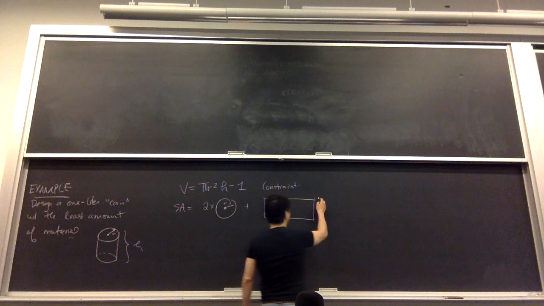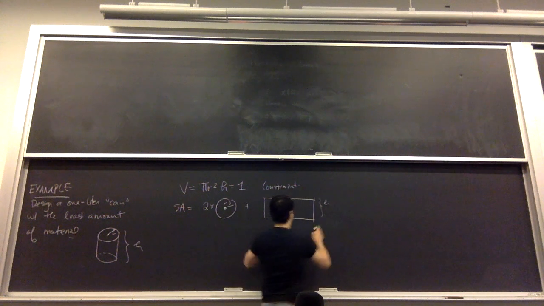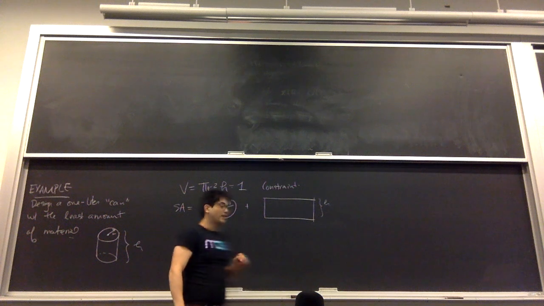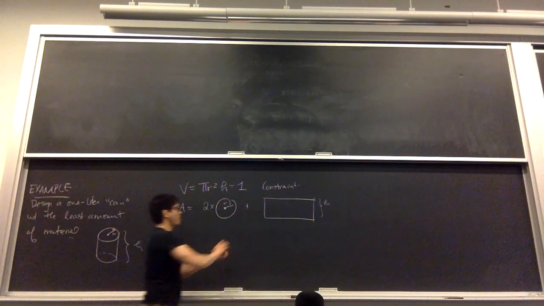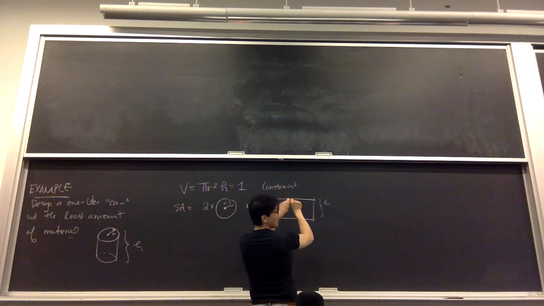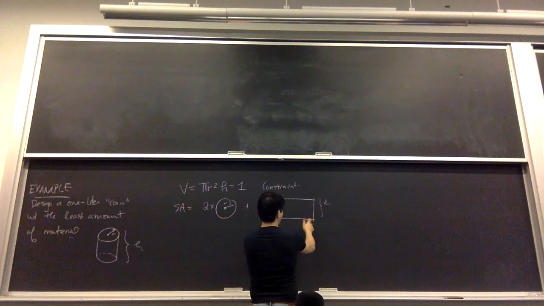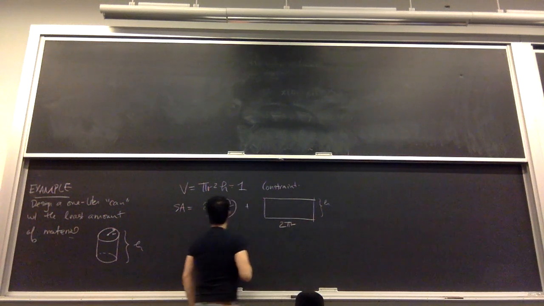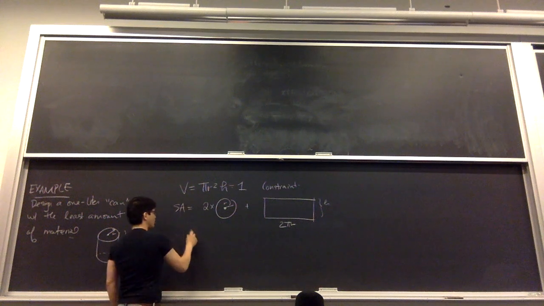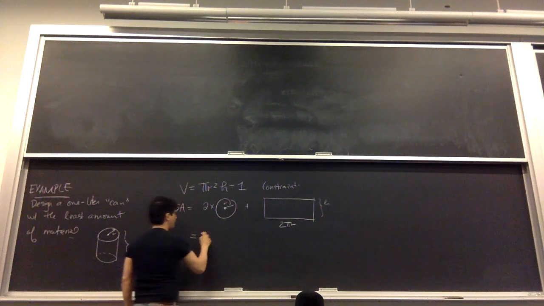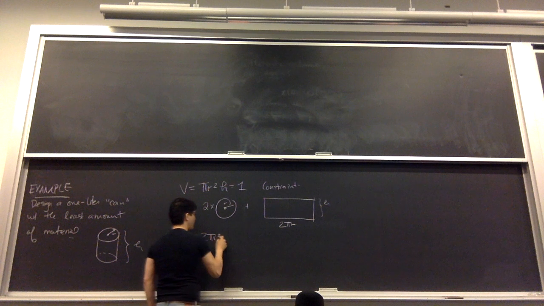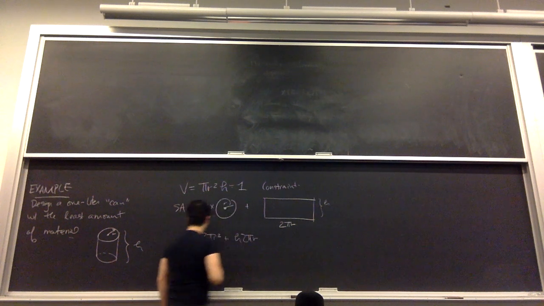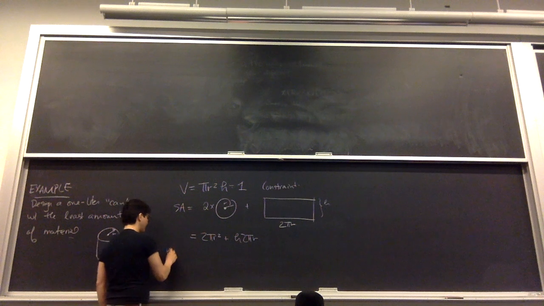The height remains the height, but this side is the circumference of the circle, 2 pi r, since connecting the two sides has to match the circle. So the surface area is given by 2 pi r squared plus h times 2 pi r.